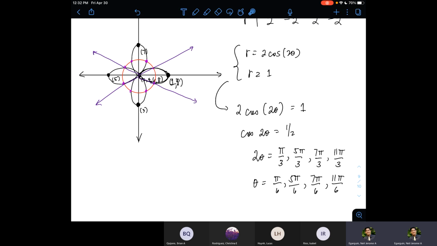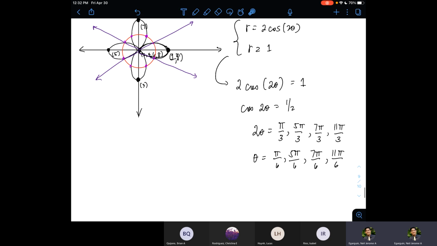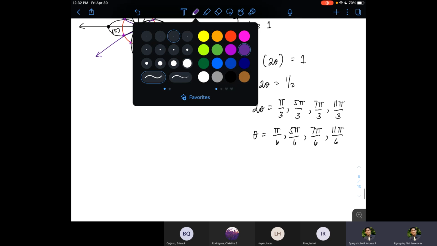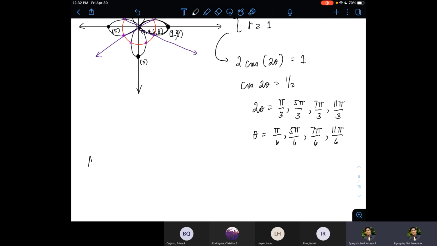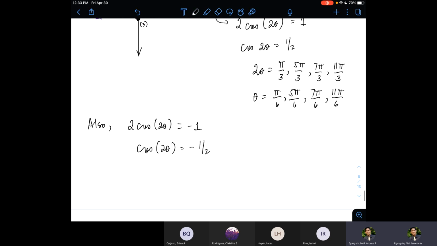So here, putting the equation of the rose equal to 1 is not enough to get all the points of intersection. So we also need to solve 2 cosine 2 theta equals -1. All right. And this will give us cosine 2 theta equals -1/2. When is cosine equal to -1/2?